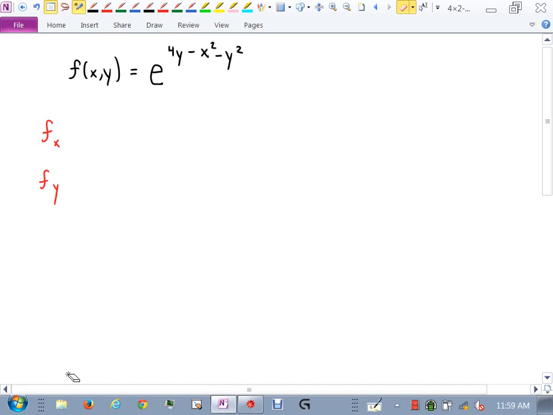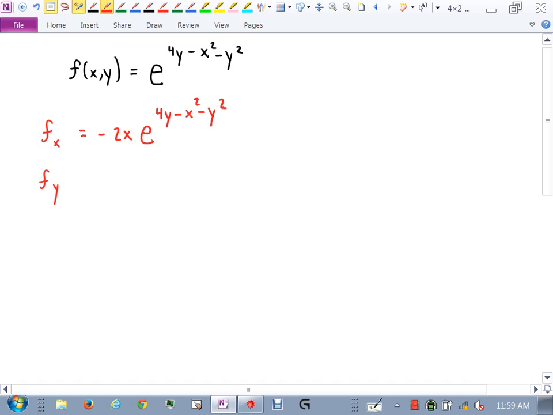Let's see. The derivative of e to anything is itself, right? Then times the derivative of what's up there with respect to x. What's the derivative of what's up there with respect to x? -2x. So I could just move that out in front of the e to the stuff, right?